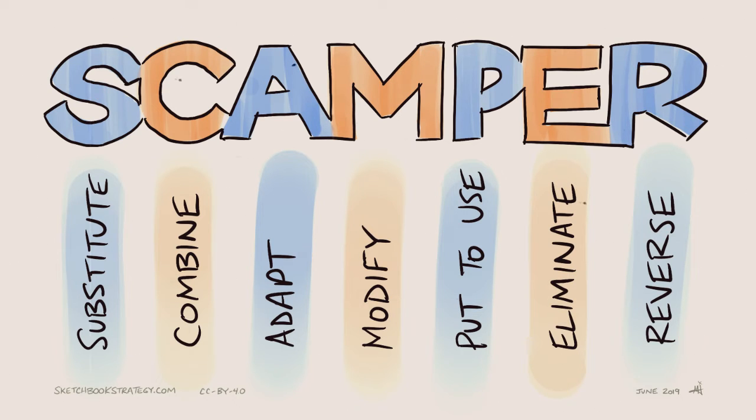P, put to another use, can be in terms of industry, user, field and recycle. E, eliminate, can be in terms of simplify, reduce, split and part. And lastly, rearrange or reverse, can be in terms of process, opposite, swap and reorganize.